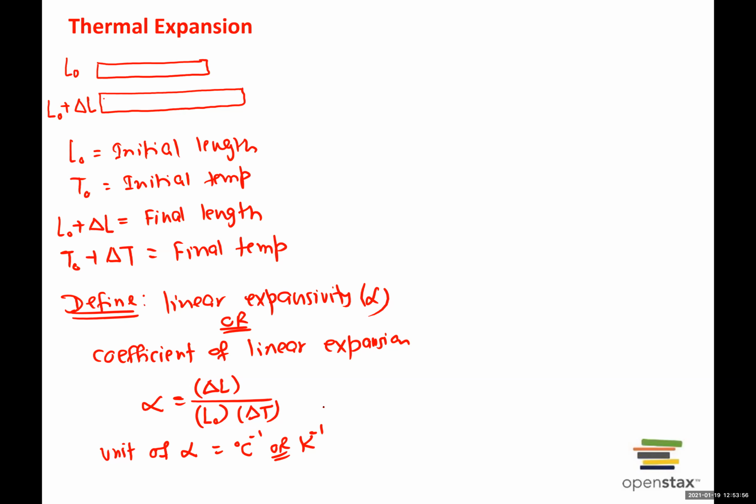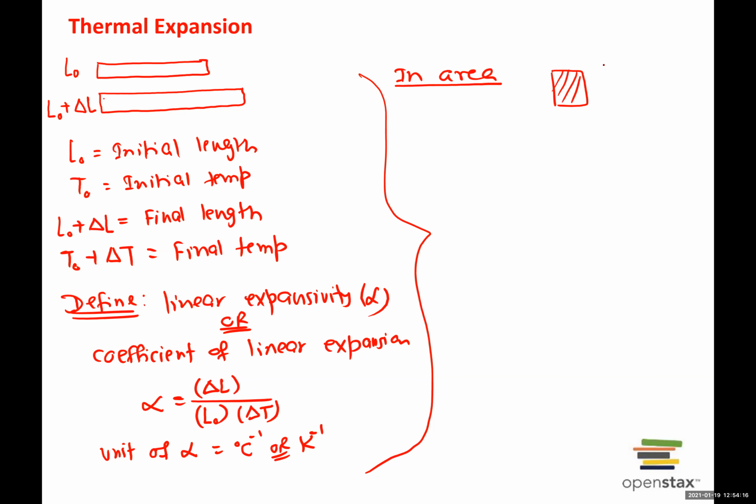The same thing is true if you consider the area. So this was in terms of length. If you consider area, this is the initial area. If you heat it, this area will increase, and this will be the final area.